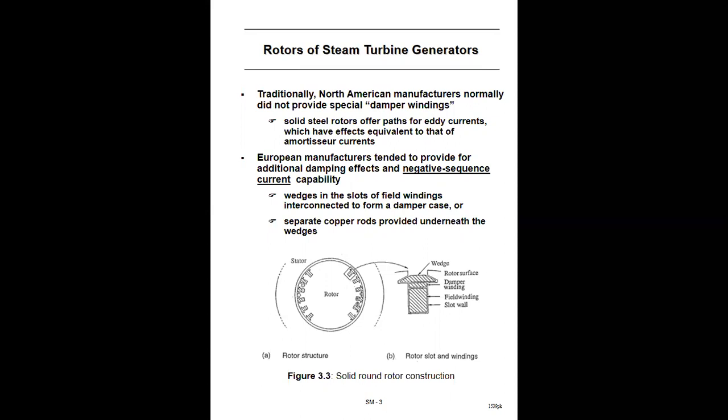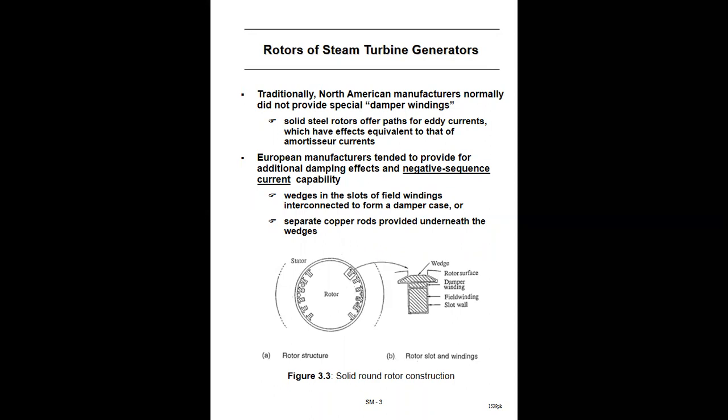steam turbine generators. Traditionally, North American manufacturers did not provide special damper windings. Damper windings serve two purposes. They carry the high amount of current when there is a fault in the synchronous generator, and in the synchronous motor they are used for starting purposes.